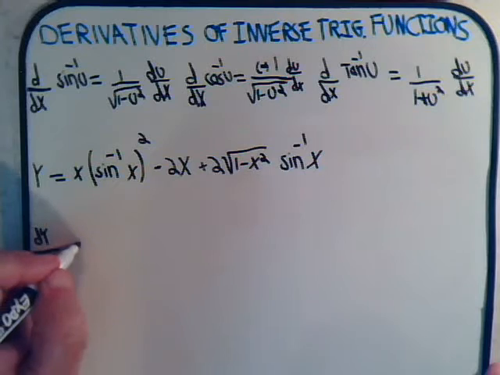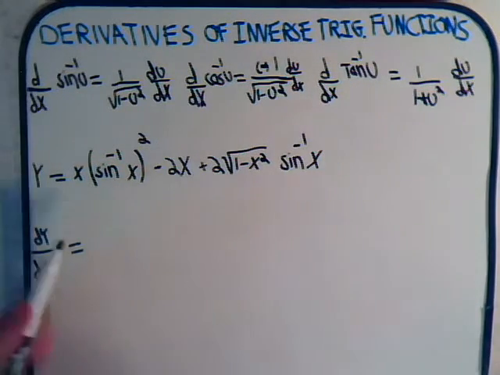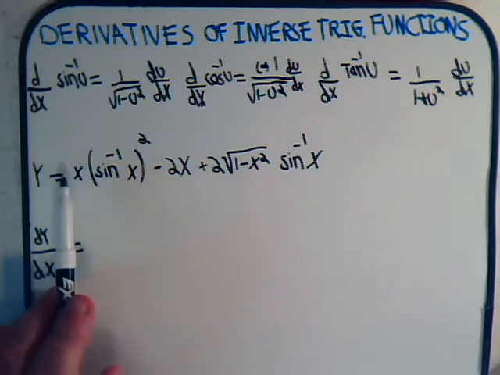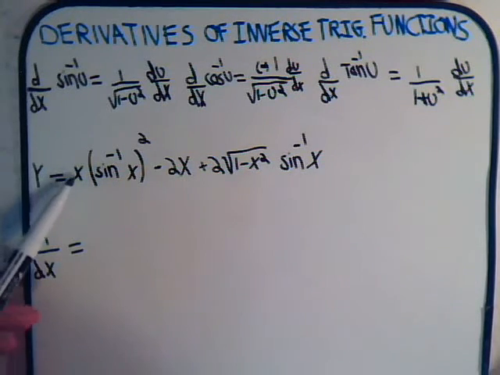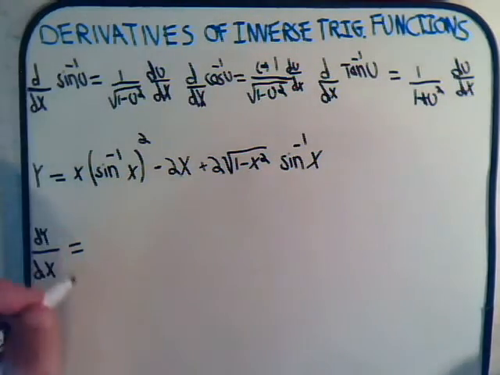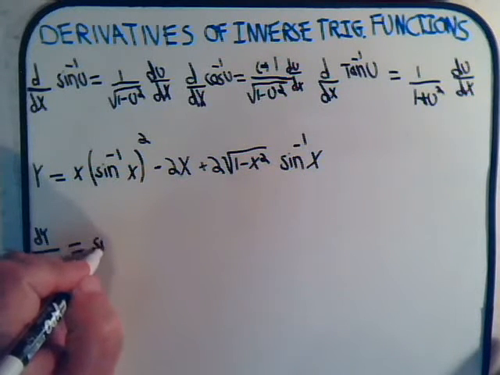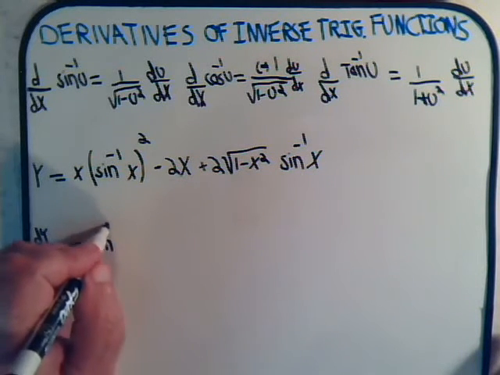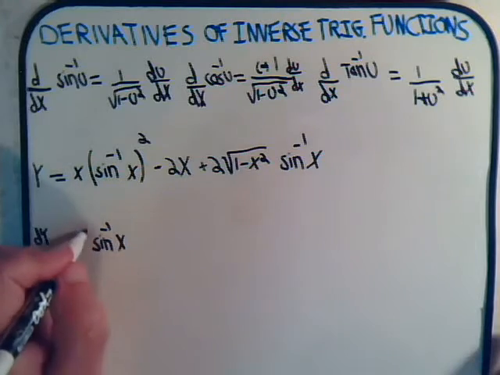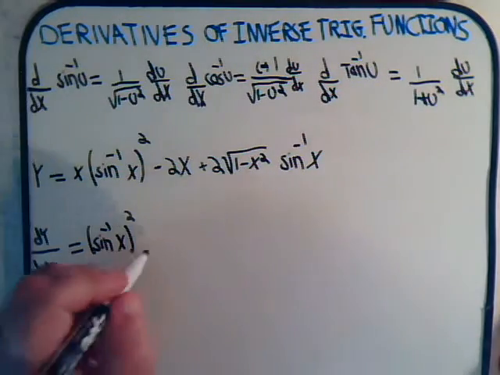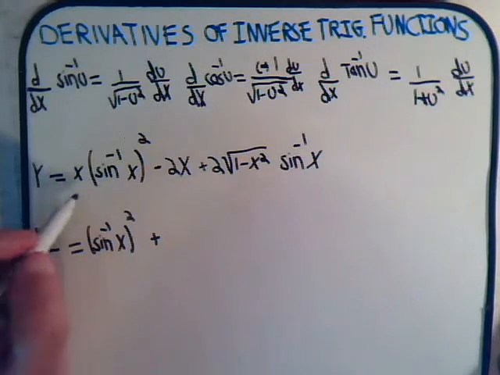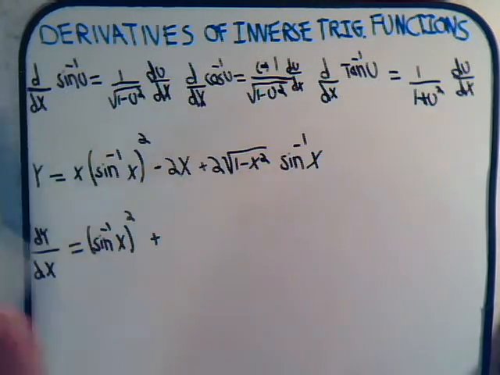So starting with the first expression, we could have this times the derivative of this, and this would just be dx/dx. So we would have the inverse sine of x, quantity squared, plus x times the derivative of this.